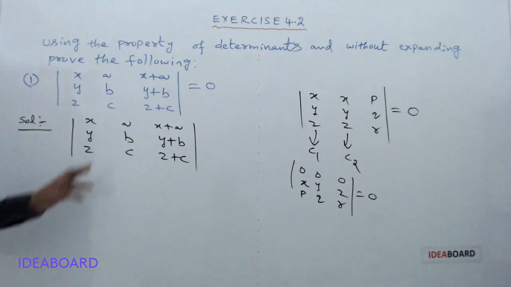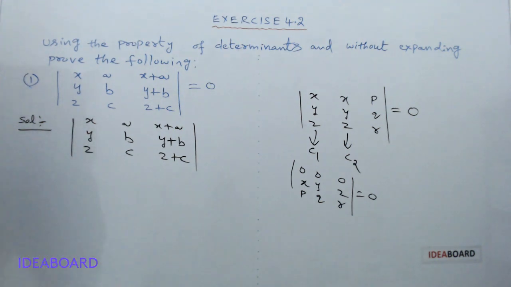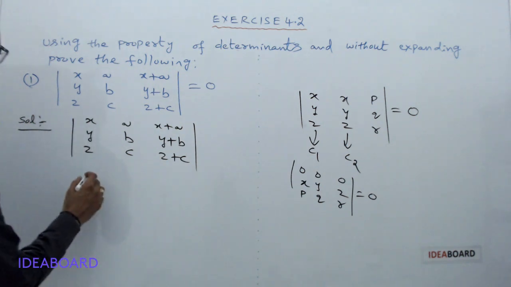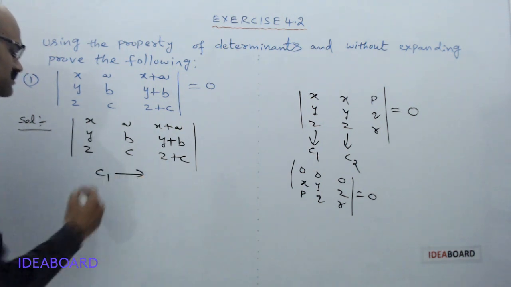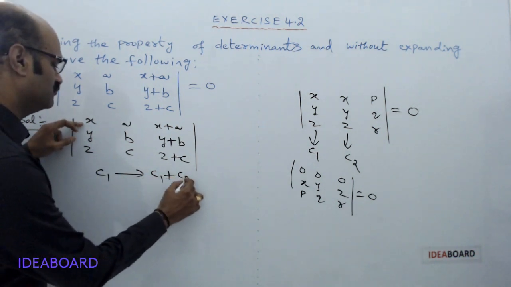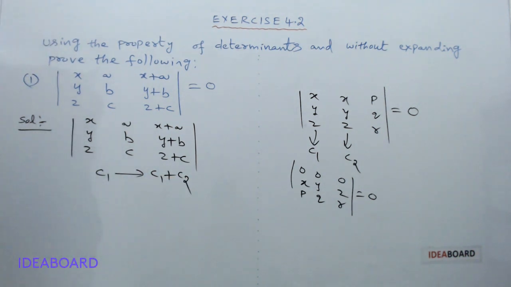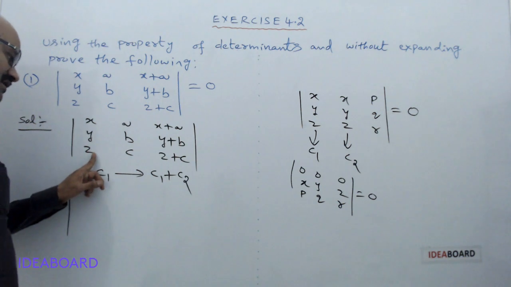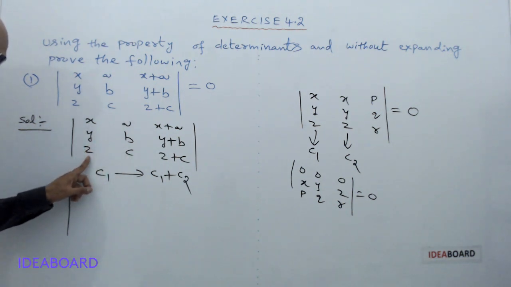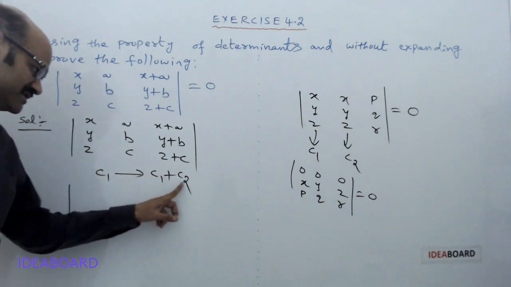Now here we take the operation c1 changes to c1 plus c2. Then we get the determinant, where c1 means column 1 and c2 means column 2. So you have to take c1 plus c2.